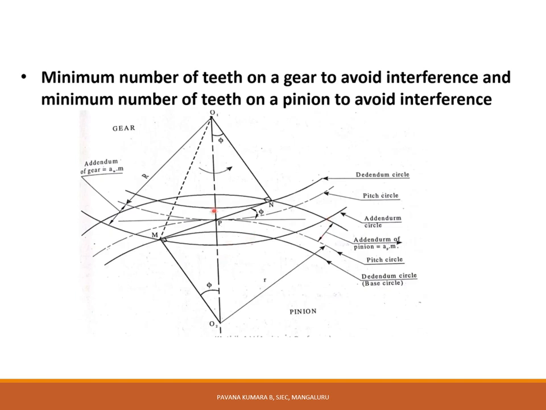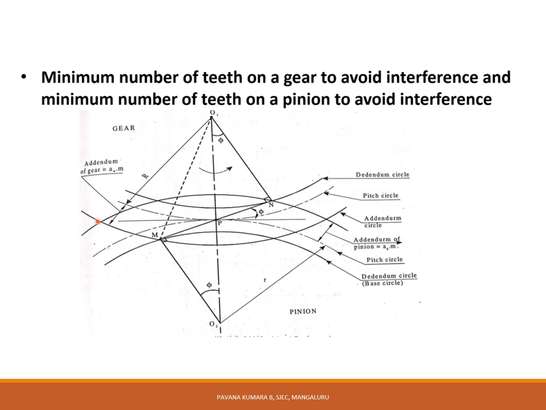So here this is the contact point. This is the pinion and this is the gear. The pinion acts as the driver, rotating in the clockwise direction, and the gear is in the anti-clockwise direction, so that acts as the driven gear. Here is the base circle, pitch circle and addendum circle of the pinion.